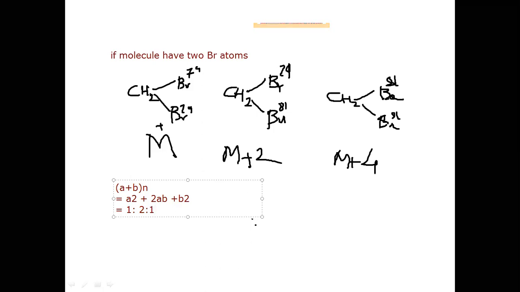So 1 is to 2 is to 1 ratio. That is our answer. If you draw the peaks, you will get three peaks like this: the M peak.